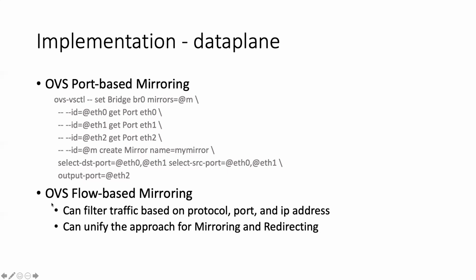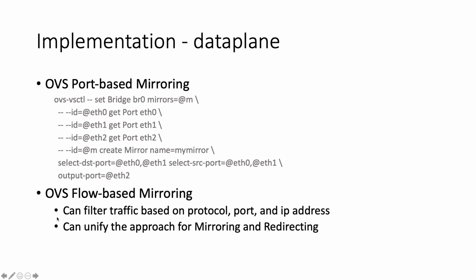And we can also have flow-based mirroring, which means that we just update the OpenFlow rules to output the traffic we are interested in to one more destination.